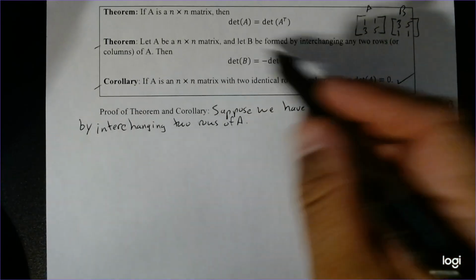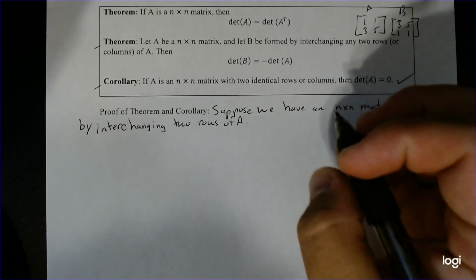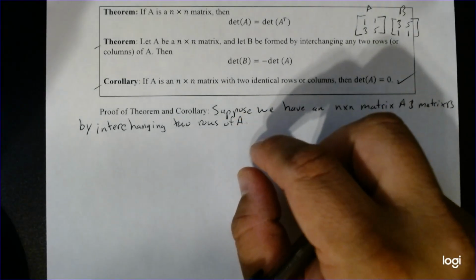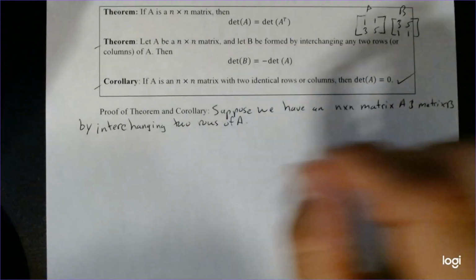How in the world does this actually make sense? We're going to go not entry by entry, but row by row.